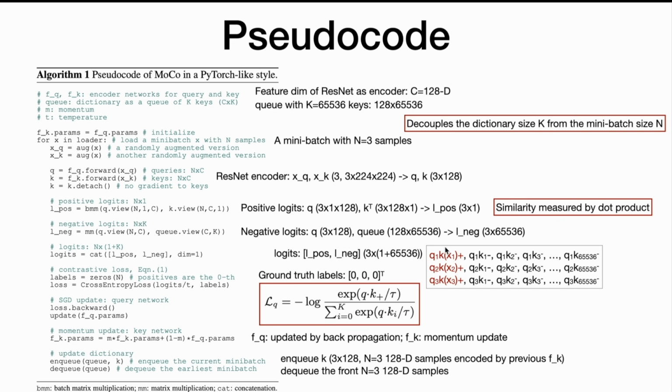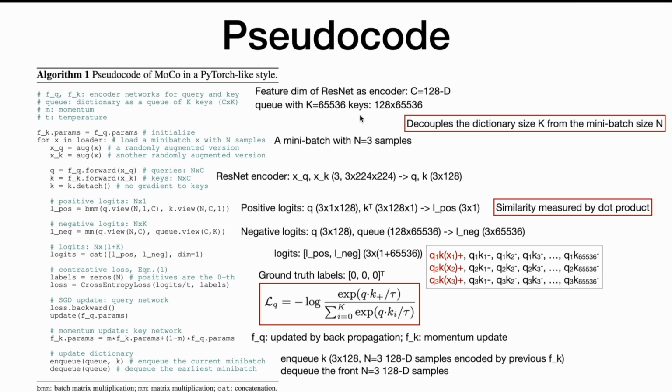Now let's take a look at the pseudocode of MoCo. For MoCo, we have a query network and a key network. Both networks have the same structure, which uses ResNet as the backbone. ResNet projects the input image into a 128 dimensional vector. For the queue, we keep all of the negative keys.